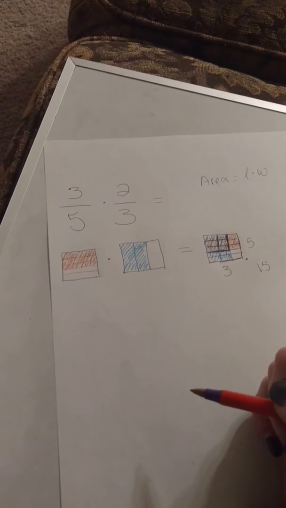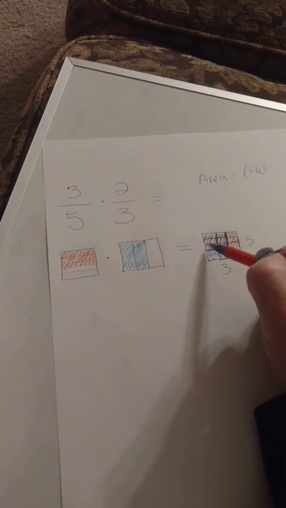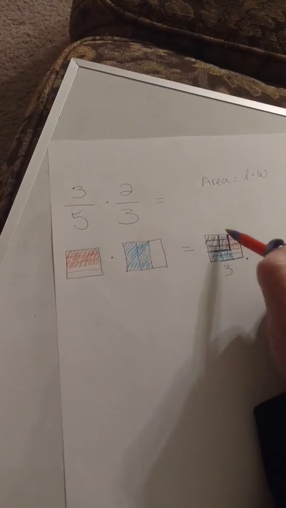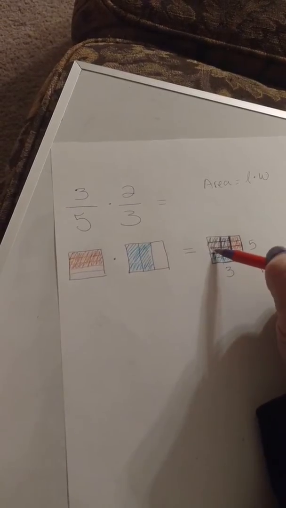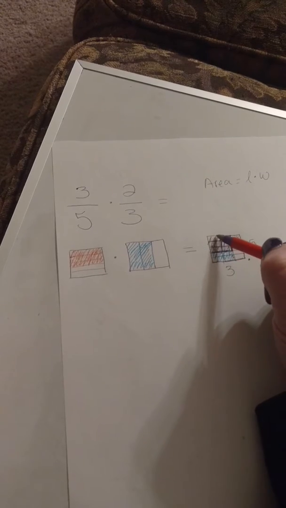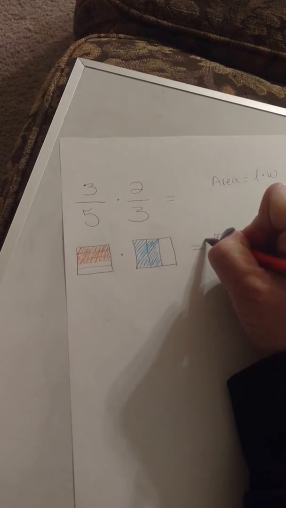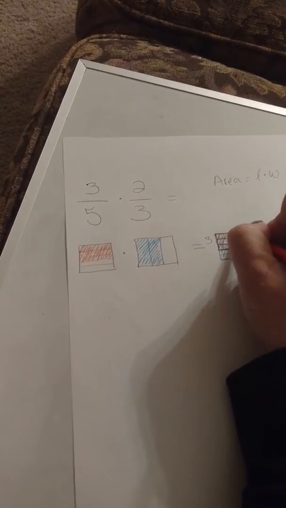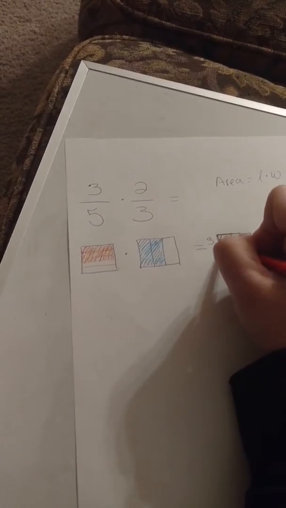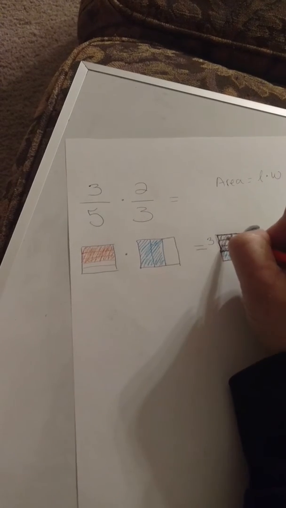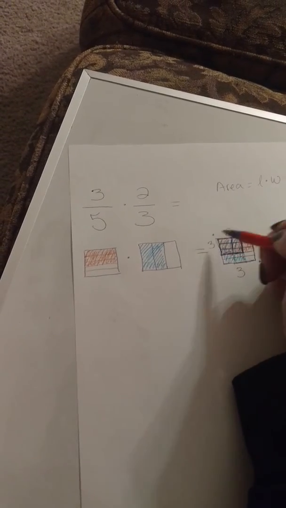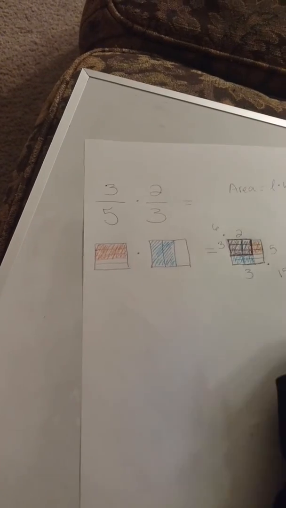Okay. So now I'm going to find the length and width here. I have 1, 2, 3 here. Here's my overlapping area. And I have 1, 2 here. 3 times 2 is 6.